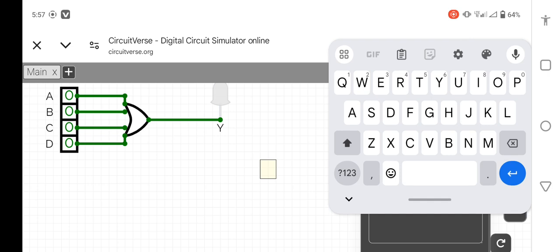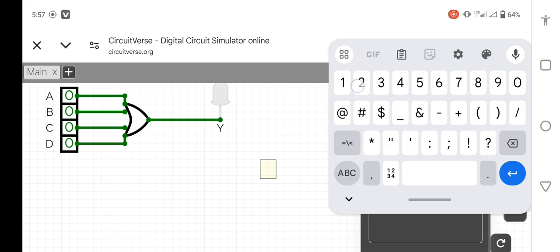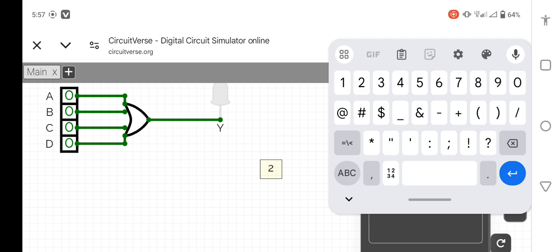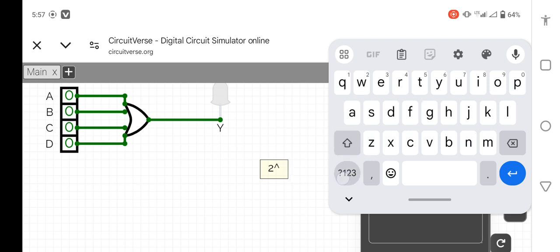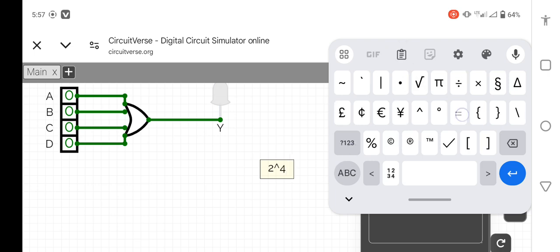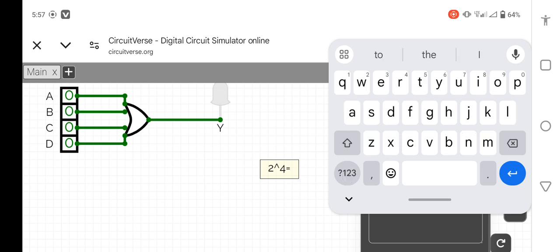Since we have only 2 bits, so 2 to the exponent of our inputs, our task is 4 inputs, so 2 to the 4 is equal to 16.